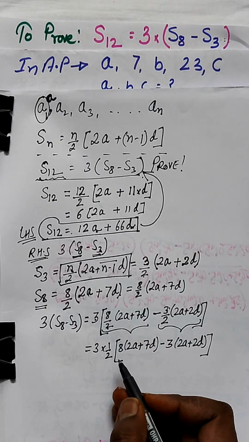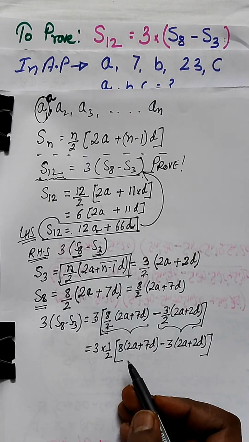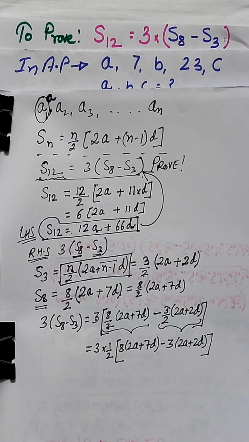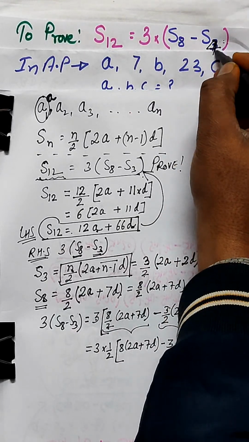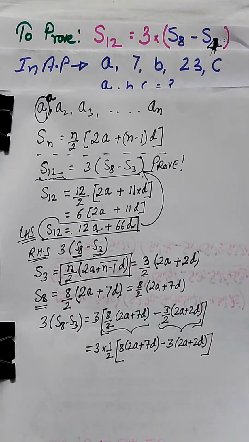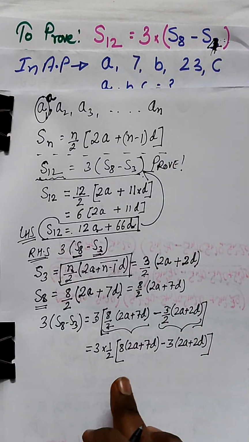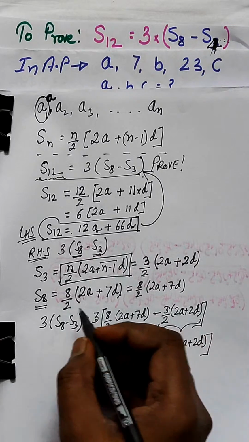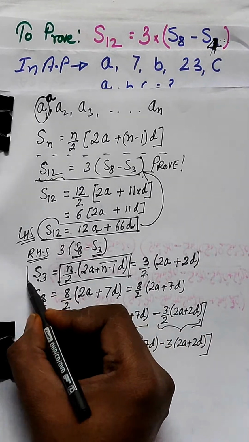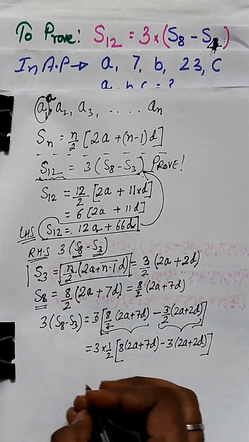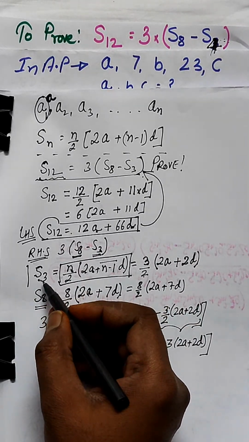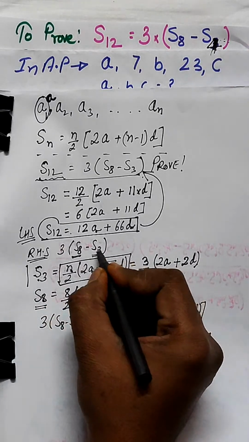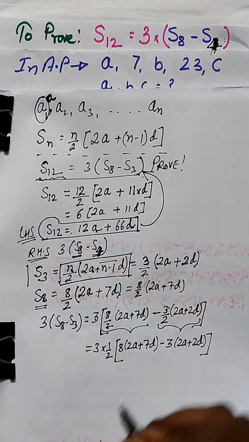Now, I need to check the question again. Oh, it's actually S8 minus S4. This is S8 minus S4. So we need to correct it: in place of S3, this will be S4.